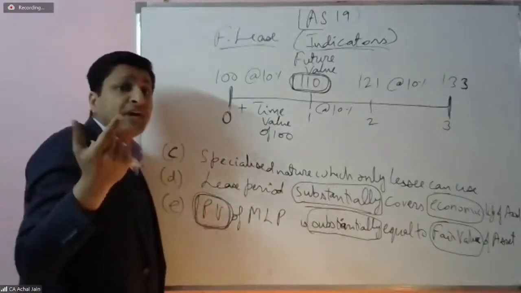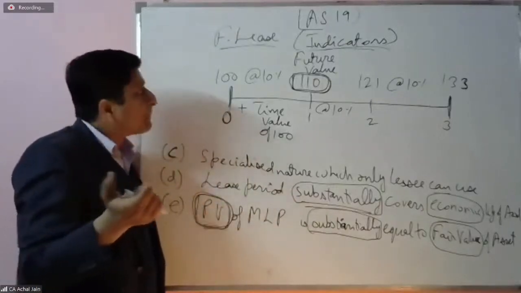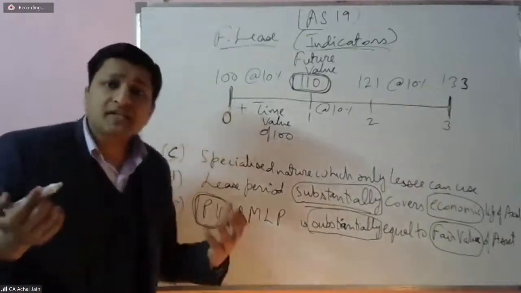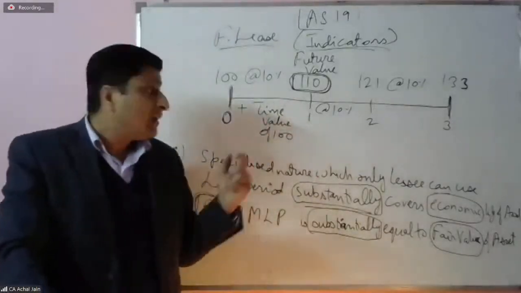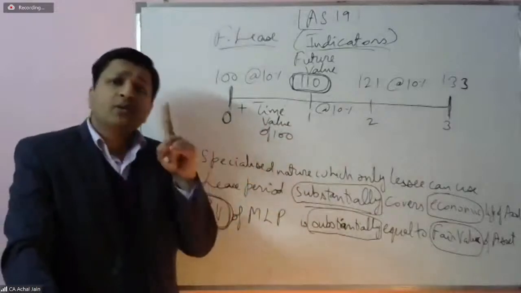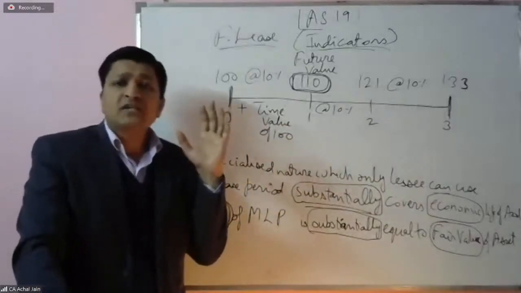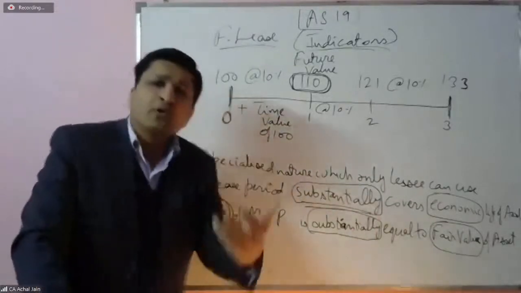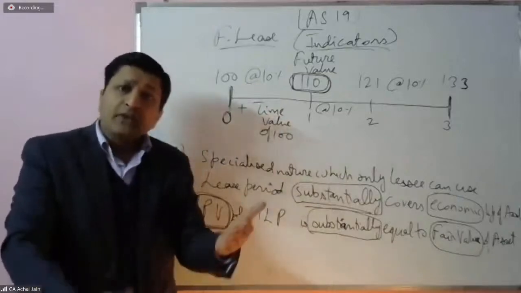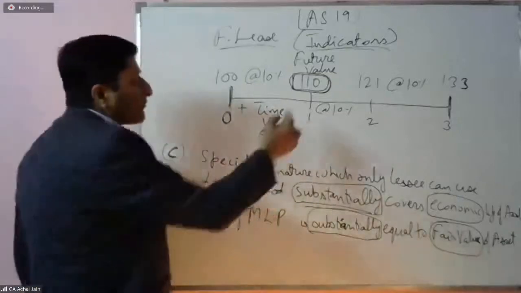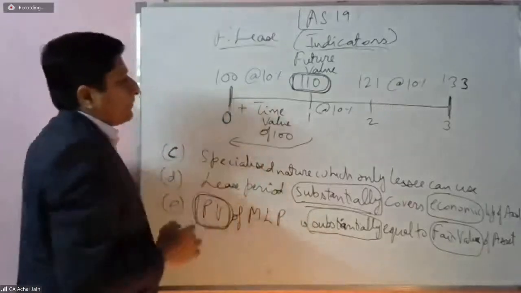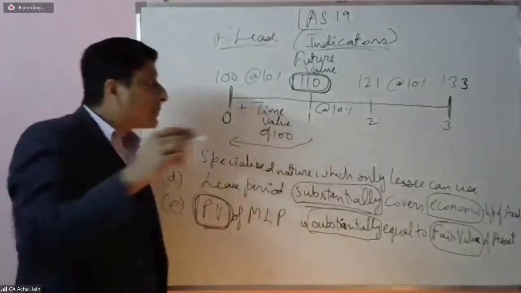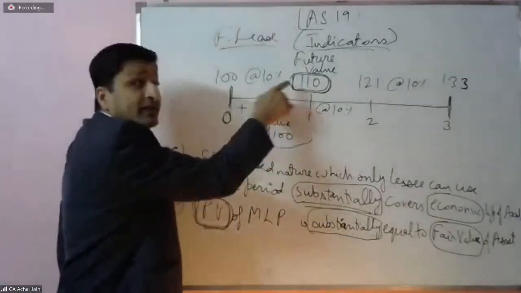Then we will have to find the rate of interest. Let's suppose if we consider 10% as the rate of interest. Why? Because over 1 year, we know that 10% is the amount which has been earned, loaded on this value. Then if we have to go back from this period to this period, then what is going to be the present value of this 110? 100.